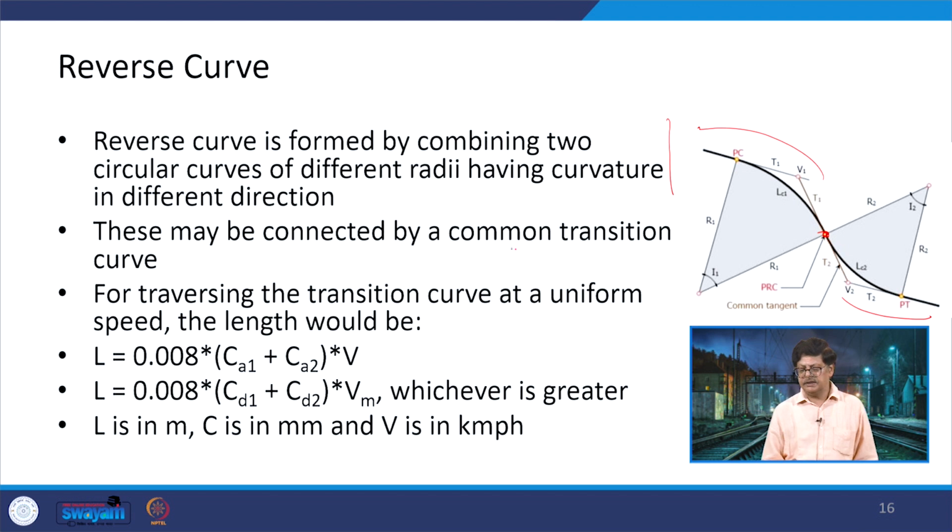So, in this case again there is a possibility of providing a common transition curve, and the length of this common transition curve will also be governed by the same concept, but in this case the CA1 and CA2 which were subtracting out in the previous case of a compound curve, here they are adding. So, (CA1 plus CA2) into V into 0.008 or (CD1 plus CD2) into Vm into 0.008, whichever is greater is the value which can be considered in these types of curves.